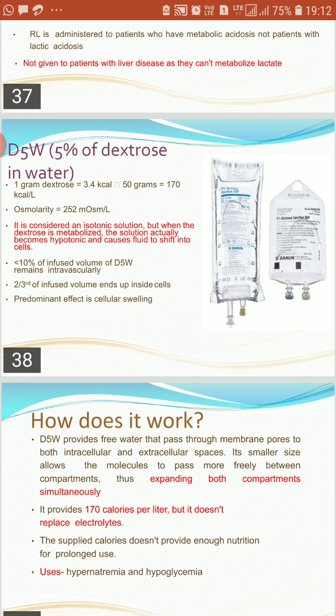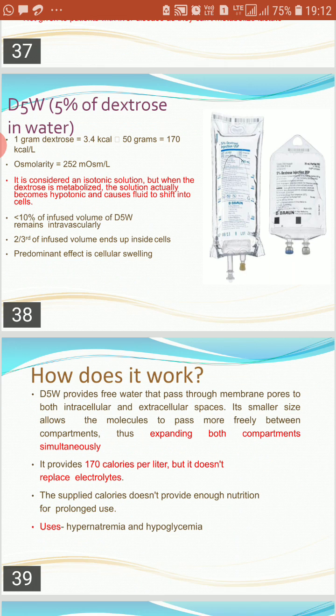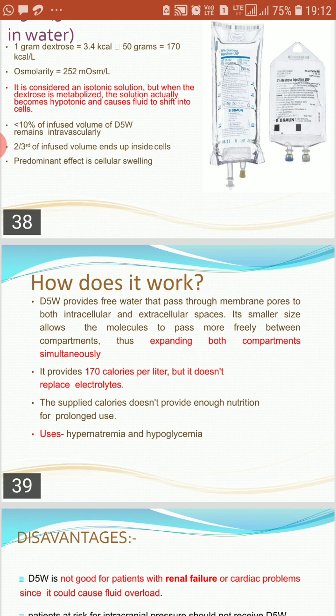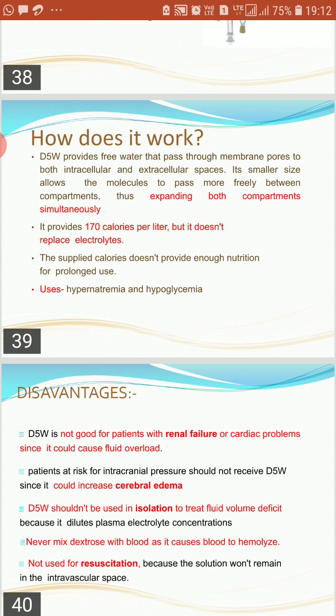Less than 10% remains intravascular, and otherwise it is shifted to the intracellular compartment, causing cellular swelling. It does not replace any electrolytes. Uses are only in hypernatremia and hypoglycemia.